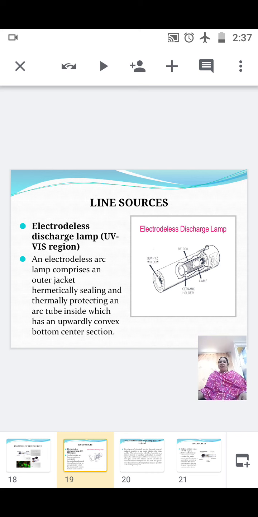An electrodeless arc lamp comprises an outer jacket hermetically sealing and thermally protecting an arc tube inside, which has an upwardly convex bottom center section.